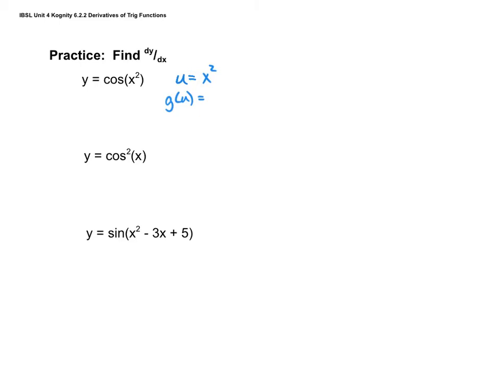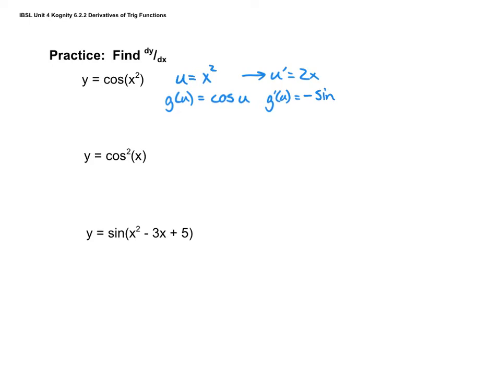What's the outer function here? Yeah, the cosine of u. All right, so u prime is 2x. You guys know that by now.